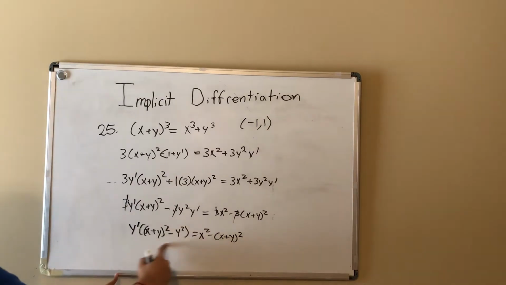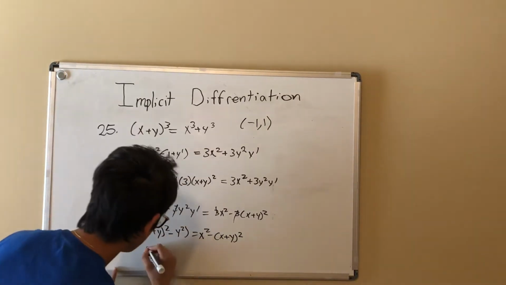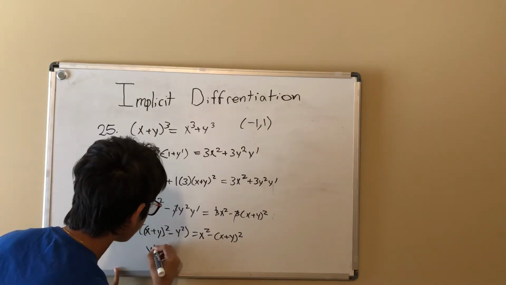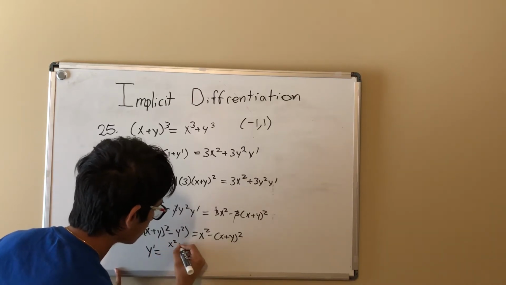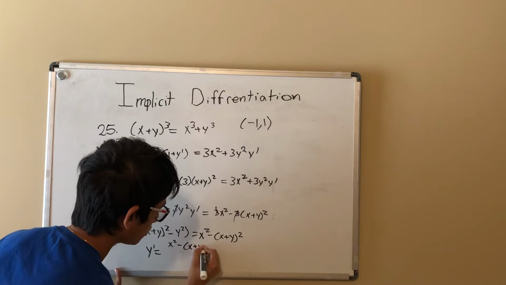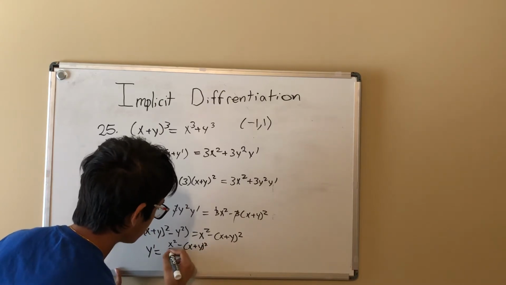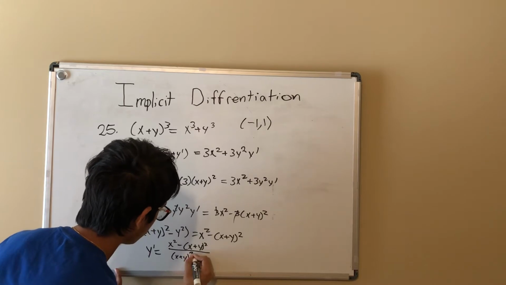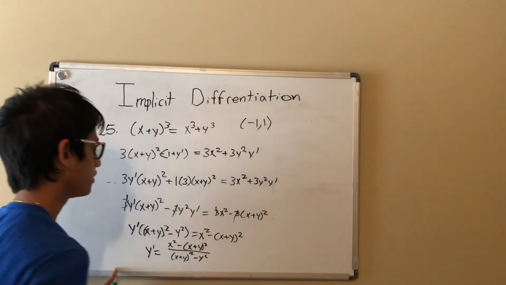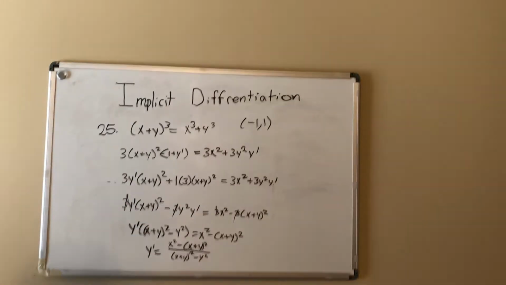And then you just divide both sides by this, and then you get y prime equals (x squared minus (x plus y) squared) over ((x plus y) squared minus y squared). Right? And now we just need to plug it back in.